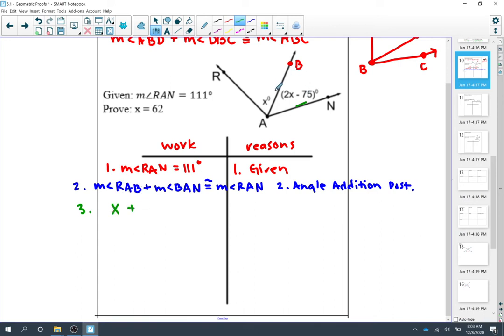Plus this angle, 2x minus 75, is equal to the whole thing, RAN, which if you go back up here, is 111. That is substitution. And then from there, we have to figure out how to prove that x is 62.